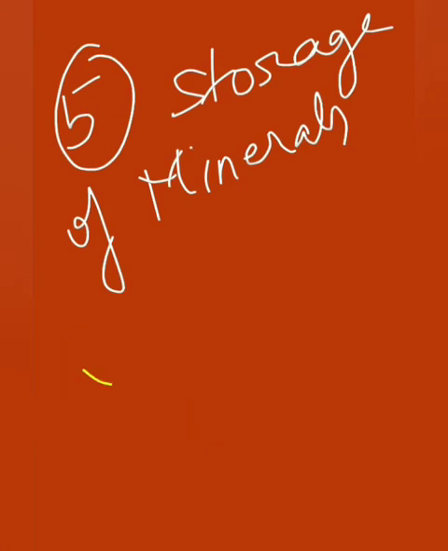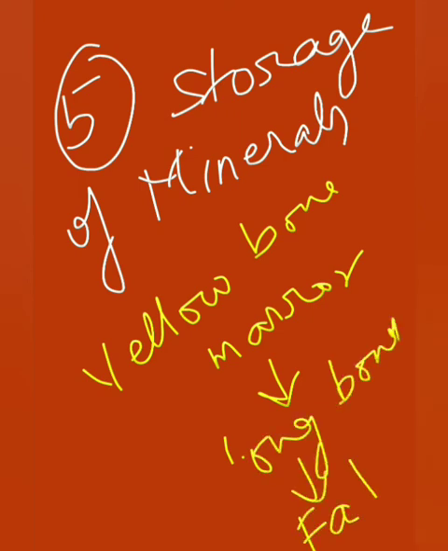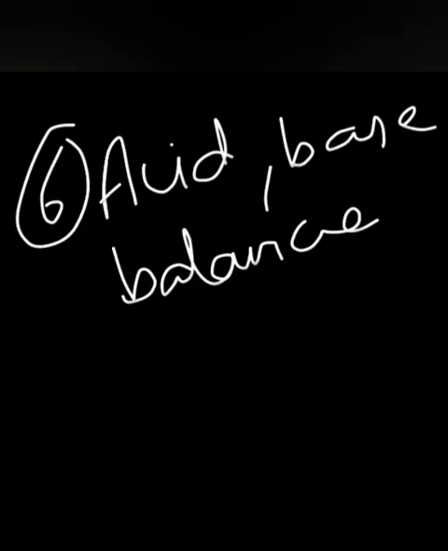Not only red, even yellow bone marrow is also there. That is found in the long bones and it store fat. So one more function, and this is the last one, that is acid-base balance. So bone help in making the acid-base balance in the body.